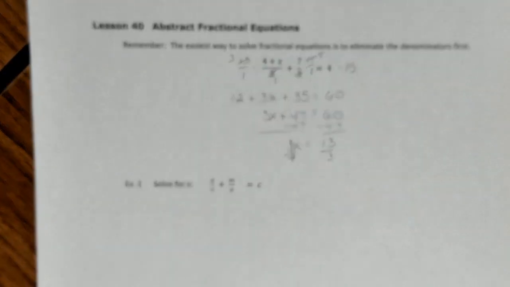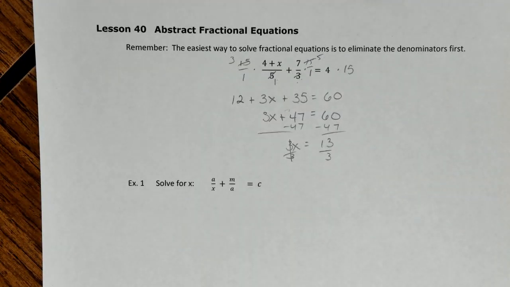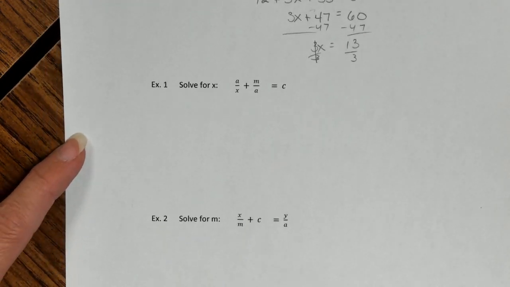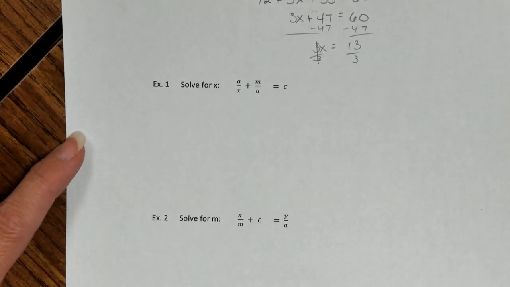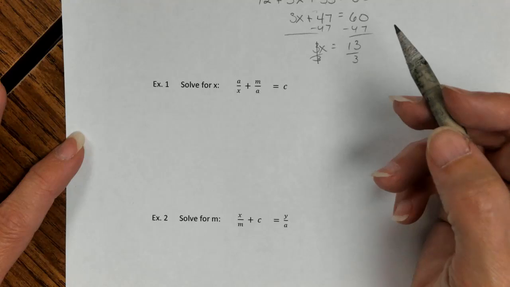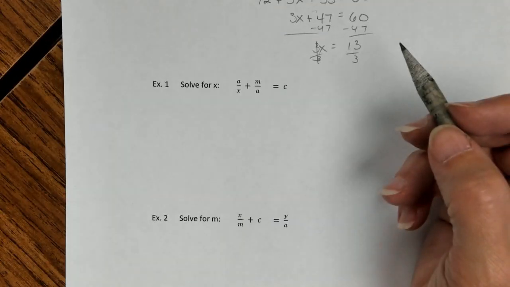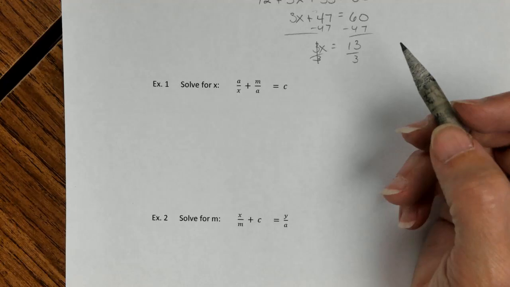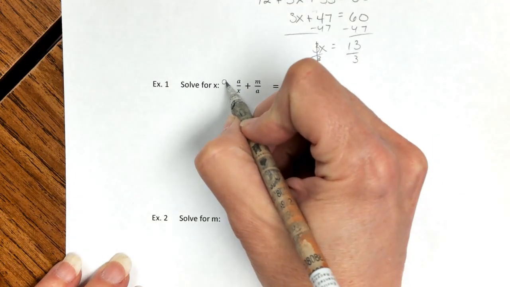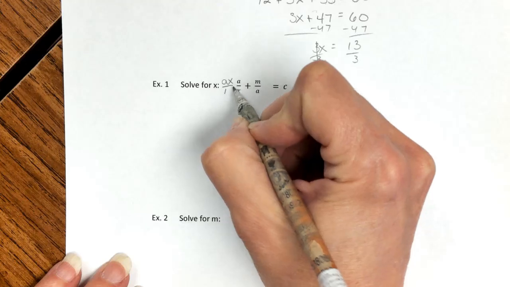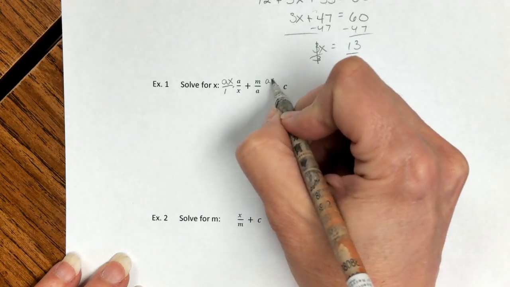Okay, so we're going to do the same sort of process, but now there aren't really any numbers, or there are very few numbers. So let's take a look at example 1. The first step is going to be to eliminate the denominators. So we find the least common multiple, which is just ax. We take ax times every term on both sides.